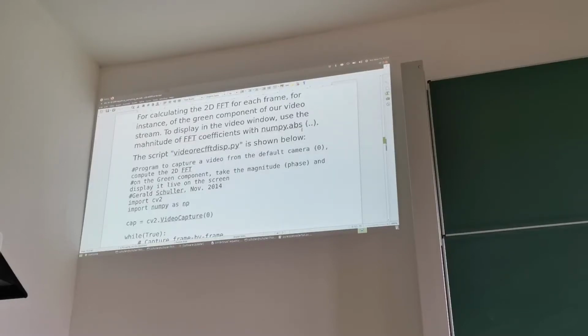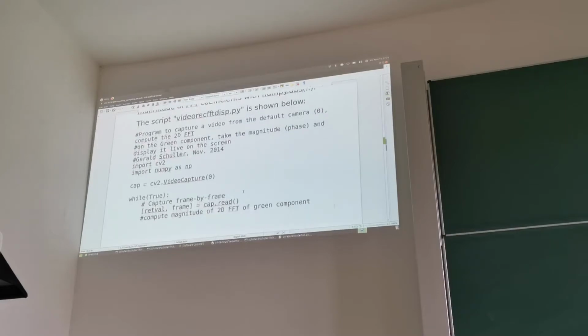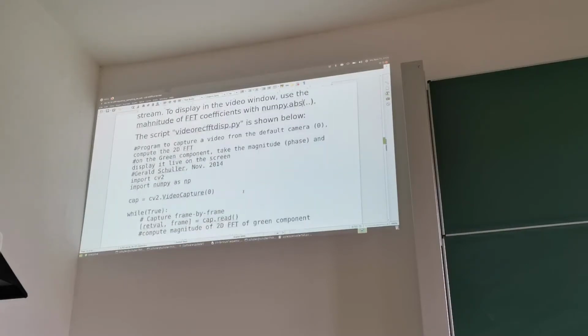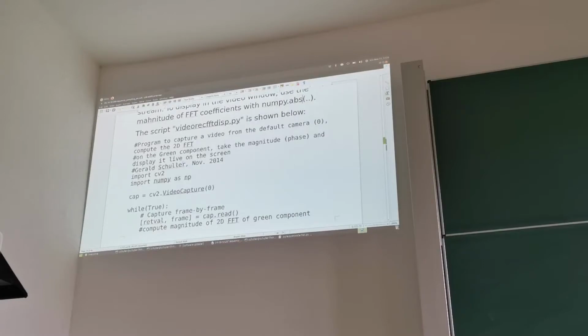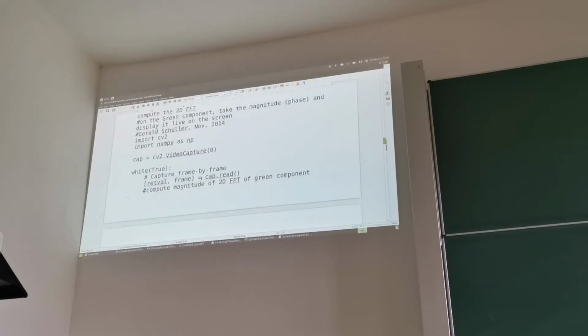Again, we apply the abs function. And here you have this Python script. It's actually fairly short. Here we again use CV2. We just saw CV2, and we use the same here, but now we also use it to capture from the webcam or the video cam in our laptop.